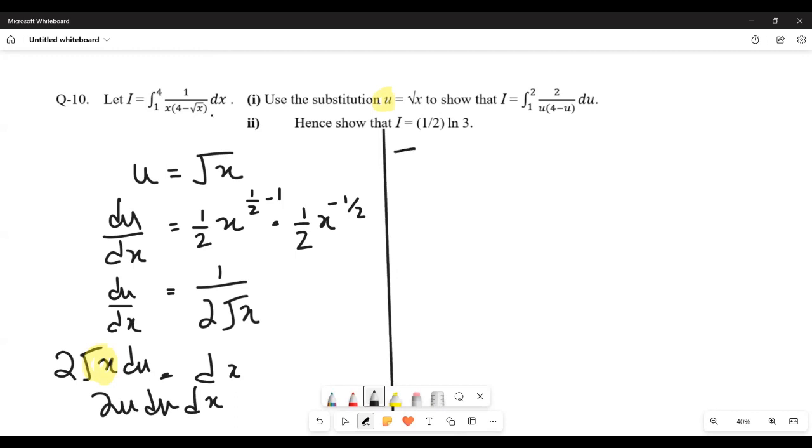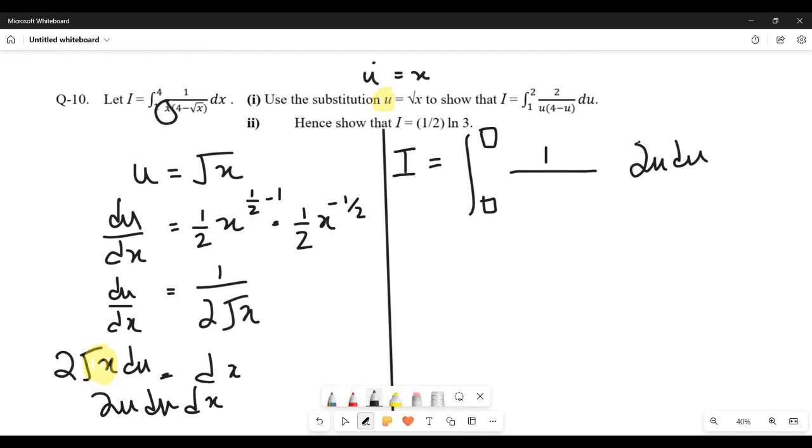So we have I equals, now I'm not going to write 1 to 4 here because I'm changing to the form of u, so the limits will change. So in place of dx I'm going to write 2u du, and here is 1. In place of x we're going to write u square, because x would be equal to u square according to the given substitution.